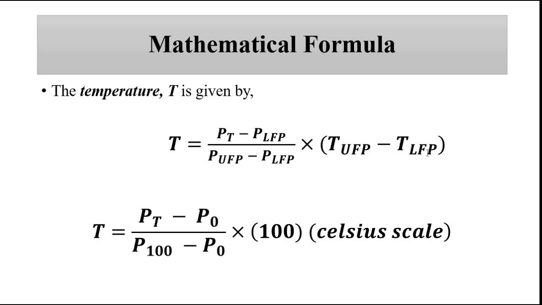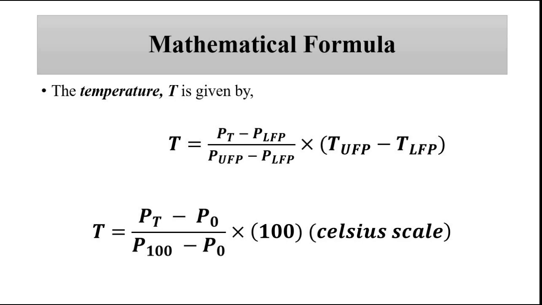So to measure any temperature, first we take the pressure reading at the lower fixed point for that scale, then the upper fixed point, and the temperature readings at the upper and lower fixed points, and then we use this formula to calibrate the thermometer to give us the specific temperature.